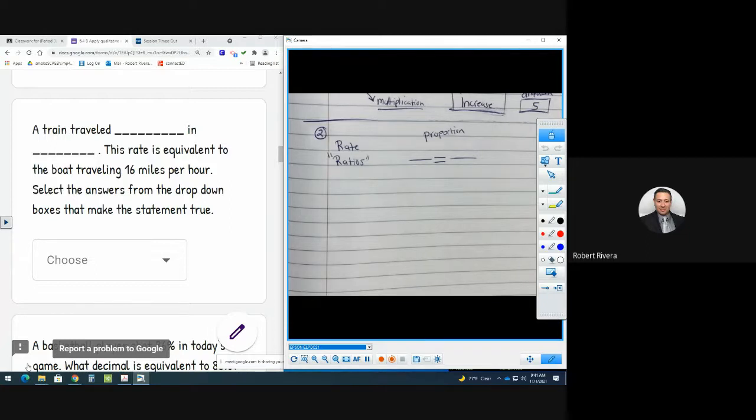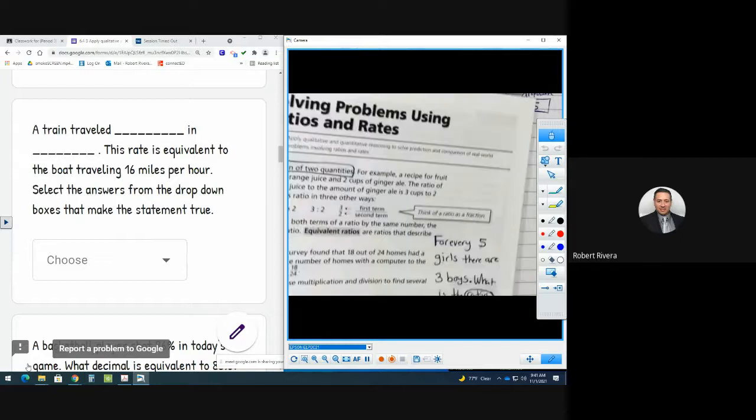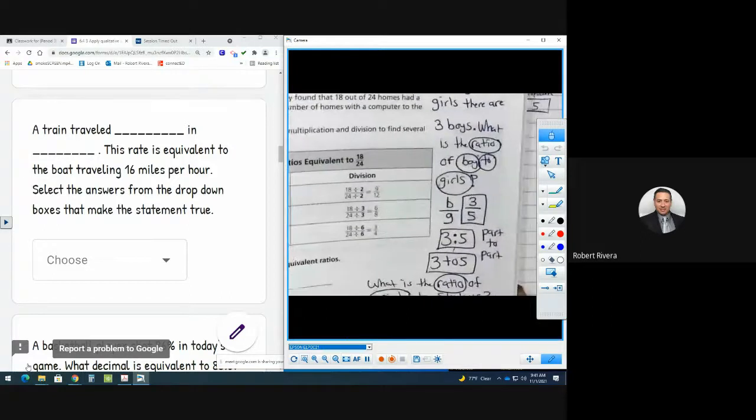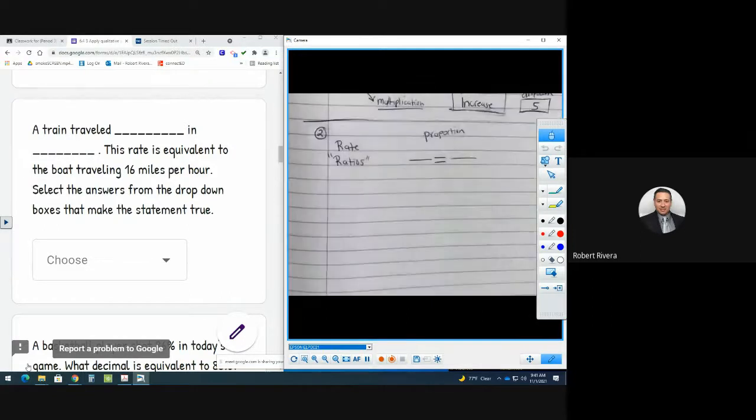In your book from page 65, we talked about ratios, okay? And then we did some problems where we created a proportion to figure out what was going on, okay? In case you forgot.